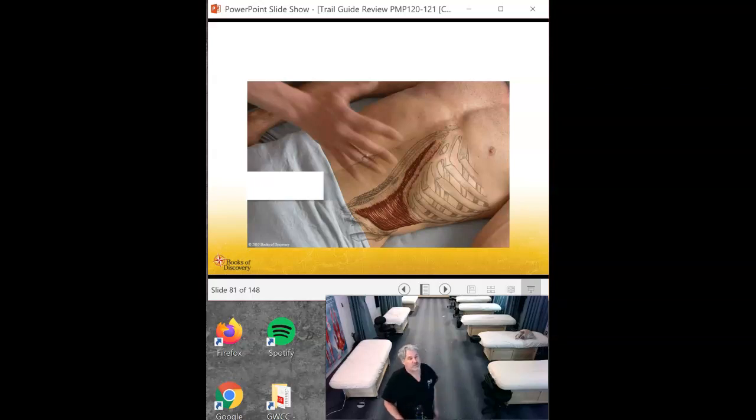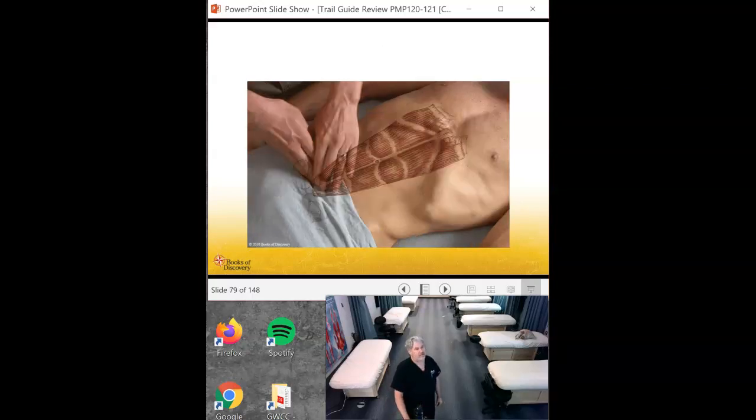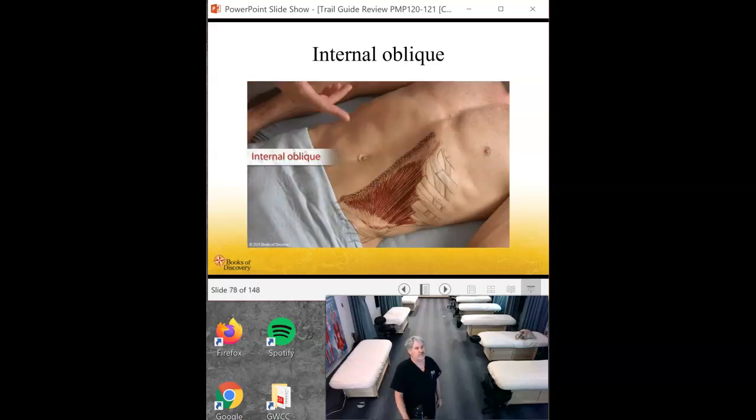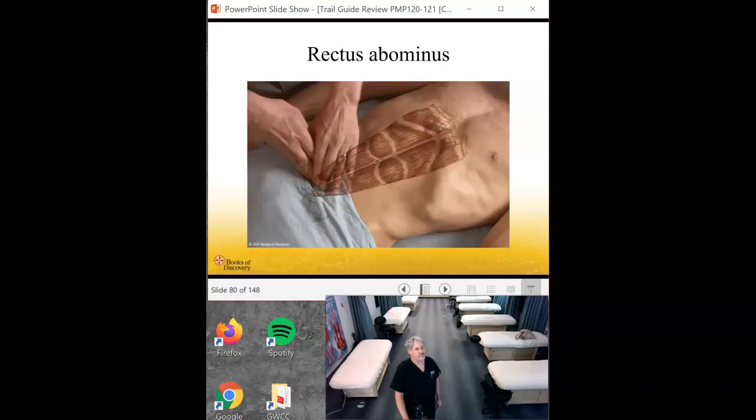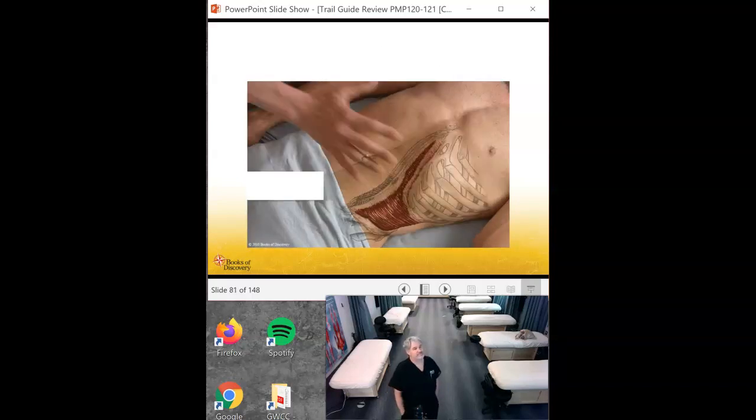Ms. Carrillo, what did you call this now? The internal obliques? I thought these were the internal obliques. That's the transversus. Yeah, I know why you did it, but they really do run across like a band, right?